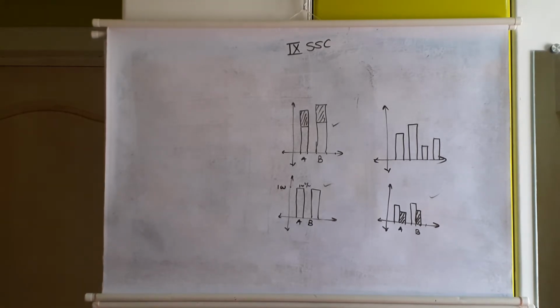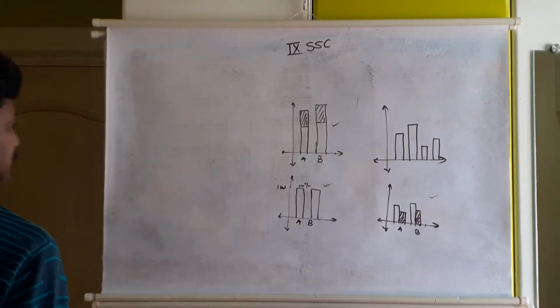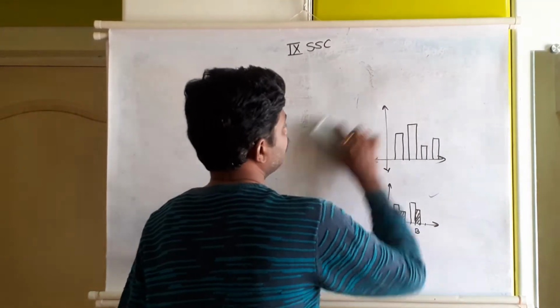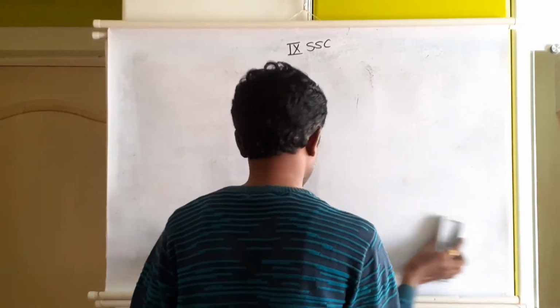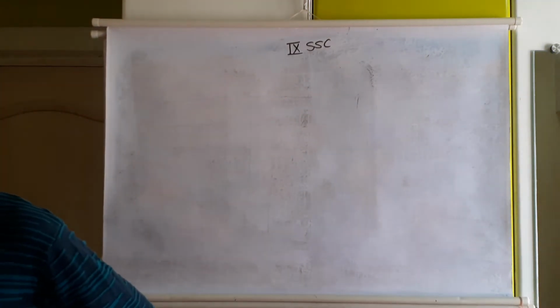Now based on this, we are going to solve the first practice set of this lesson, that is 7.1, where we are going to draw some bar graphs with the help of given statistical information, which is known as data. Data is nothing but the raw information provided to us to solve that question.